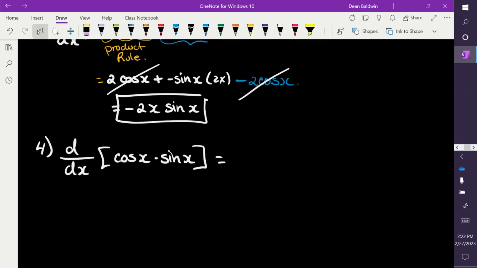The derivative of cosine x times sine of x. You want to try it on your own? Freeze it. See if we get the same.